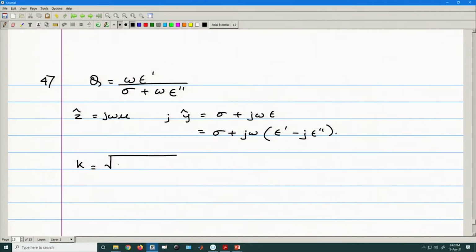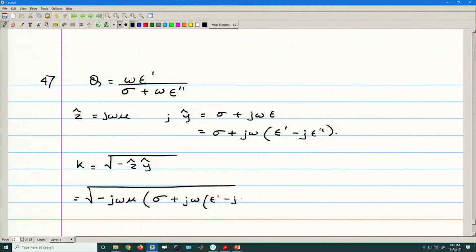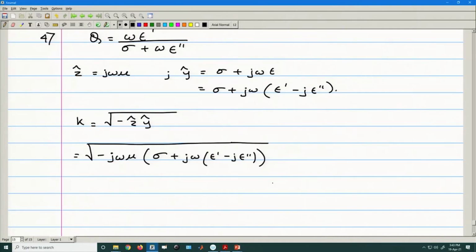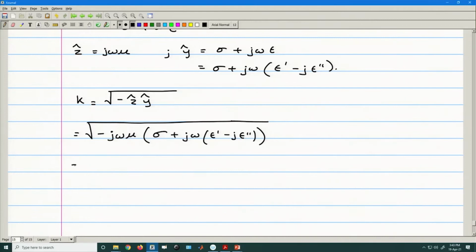So, k can be written as root under of minus z cap multiplied by y cap. So, we will substitute this z and y and we will get minus of j omega mu times sigma plus j omega, in place of epsilon we are writing epsilon prime minus j epsilon double prime. Okay. Now, we will simplify this, just open up the braces.